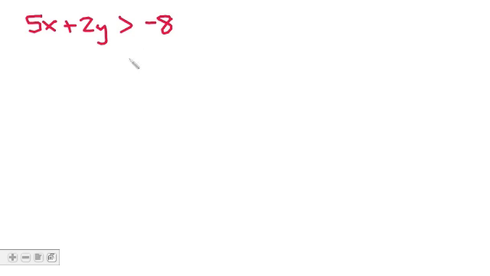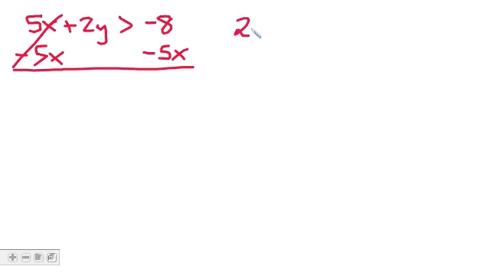So we're first going to move the 5x. I'm going to subtract 5x from both sides. These cancel, and I get 2y is greater than negative 5x minus 8. The reason I put 5x before the 8 is because in slope-intercept form, I need the x before the y-intercept.